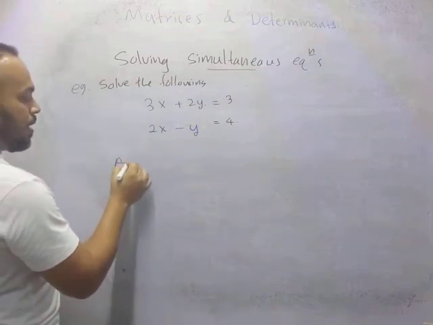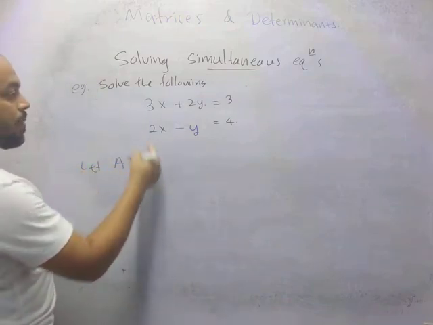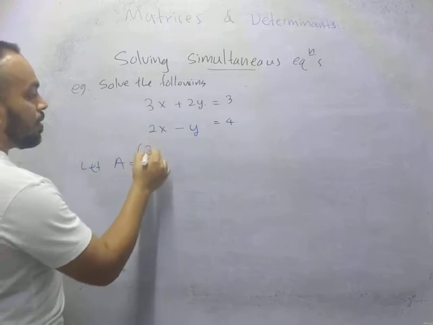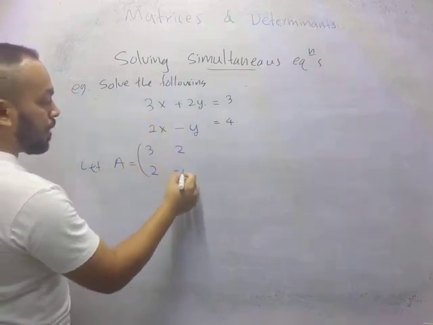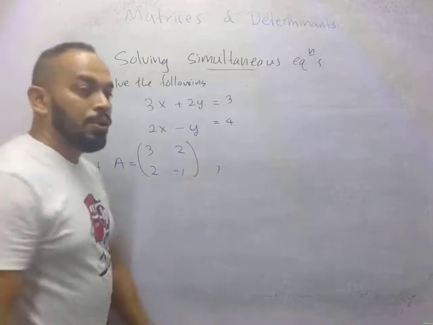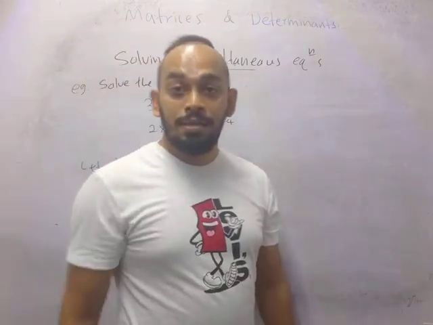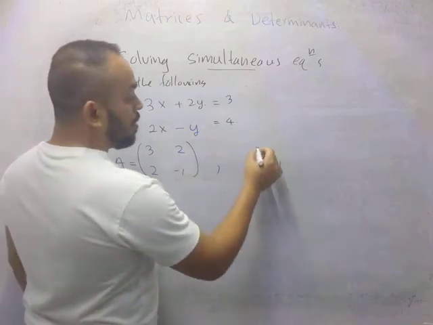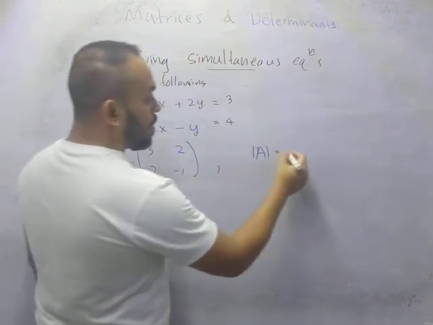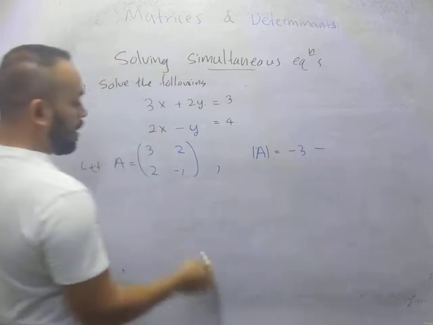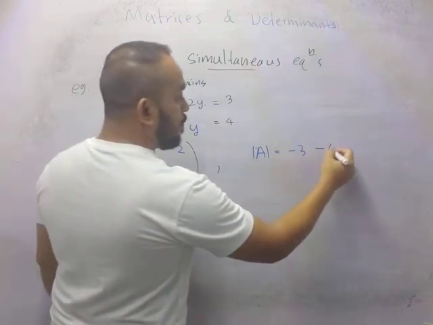So extract the coefficient matrix from this. Let A be 3, 2, then 2 and here minus 1. First thing you do is to check whether the determinant is non-zero. So det A in this case is 3 into minus 1, which is minus 3, then minus 2 into 2, which is 4.